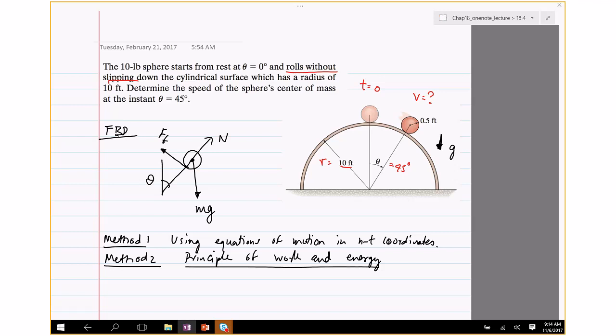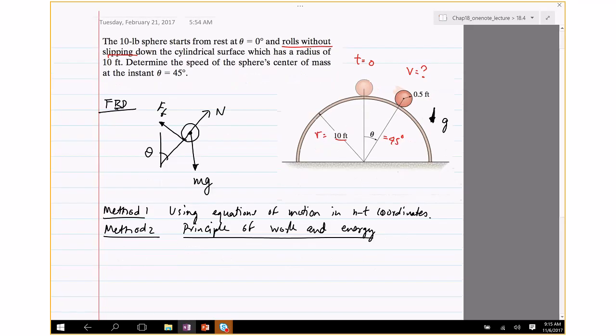But it turns out that the point of contact has 0 speed, right? The bottommost point on the disk which is touching the circle is at 0 speed. So the work done by the friction force is 0. So you could, in principle, use conservation of energy. So let's just do it with the principle of work and energy, but you'll get the same answer using method 1, method 2, and method 3, which is conservation of energy, which I'll not talk about.